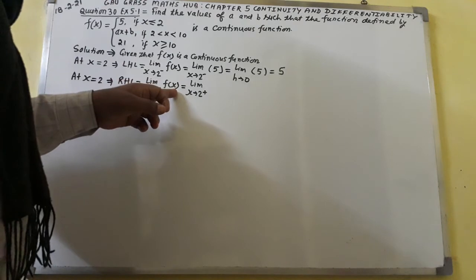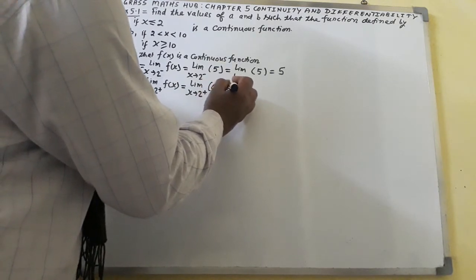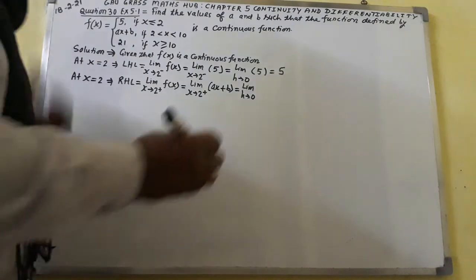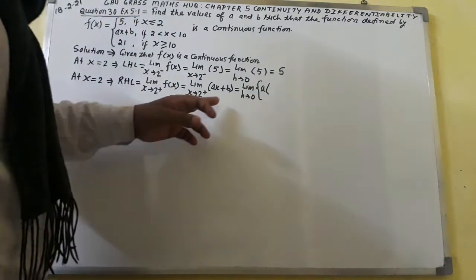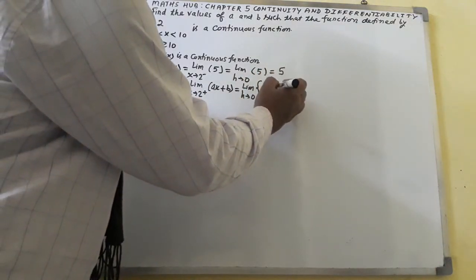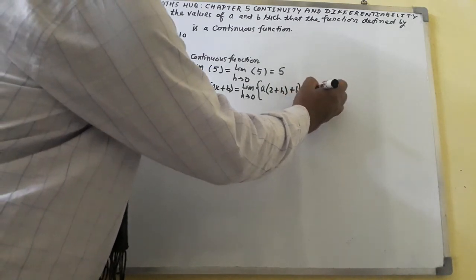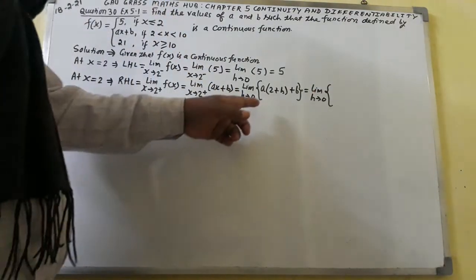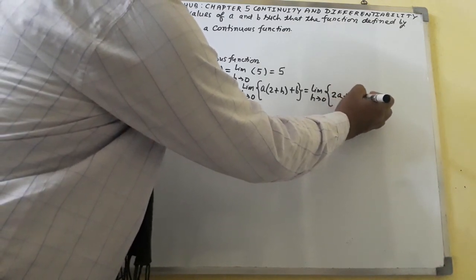So here in place of f of x I shall write ax plus b, equal to limit h tends to 0 of a times (2 plus h) plus b, equal to limit h tends to 0. The a will enter inside, the bracket will be broken, and you will get 2a plus ah plus b.